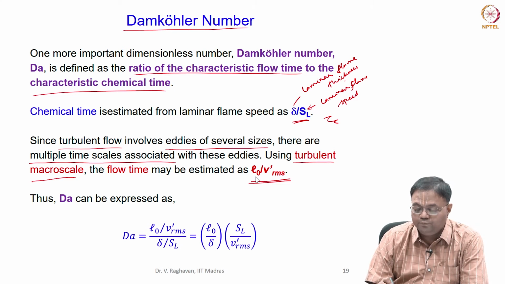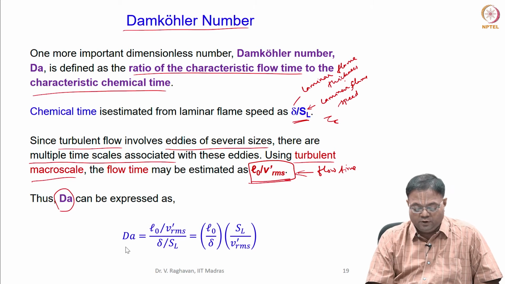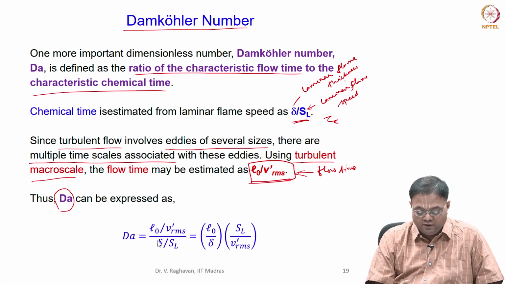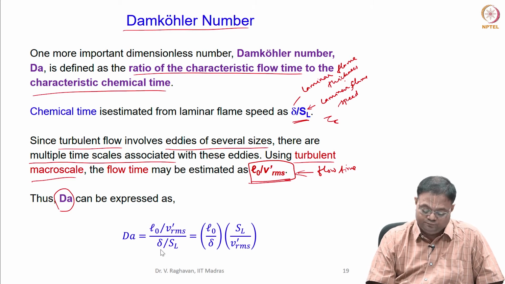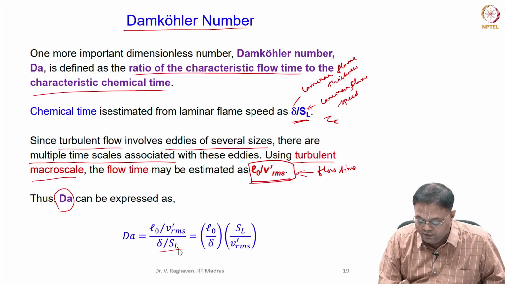So L naught divided by v dash RMS, which is the RMS value of the fluctuation. If we take this as the flow time, then the Damkohler number can be put as the ratio of the flow time to the chemical time, that is L naught by v dash RMS divided by delta by SL. So this is the flow time, and this is the chemical time.